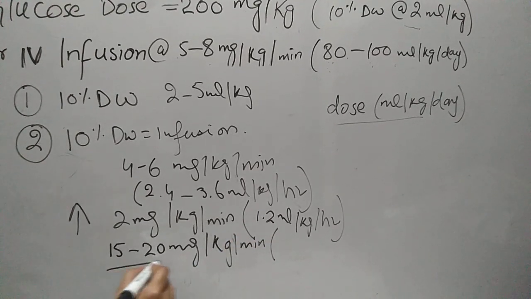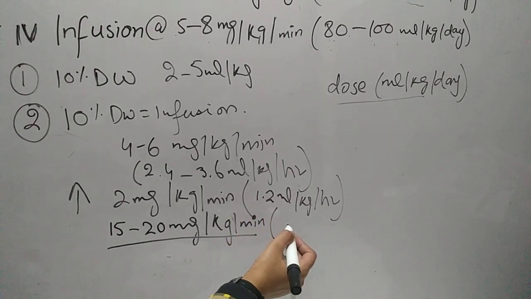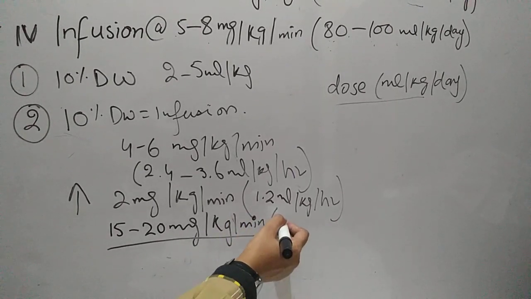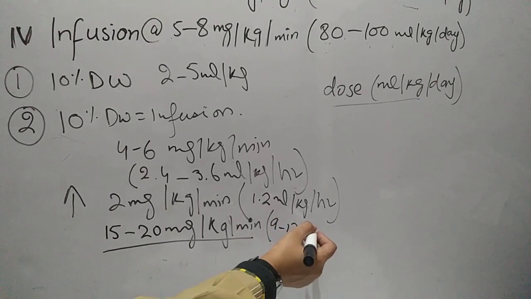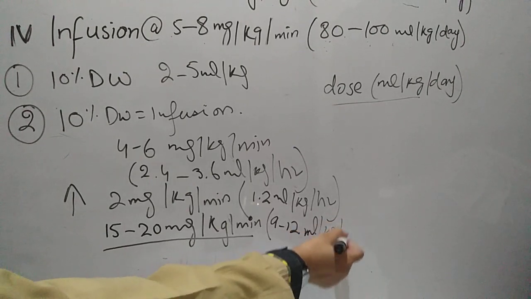When your infusion is 15 to 20 mg per kg per minute, your fluid rate becomes 9 to 12 ml per kg per hour.